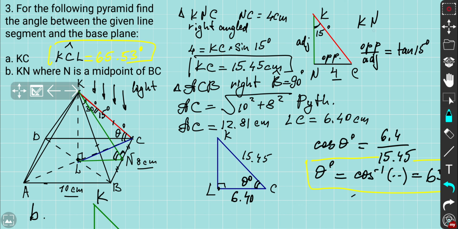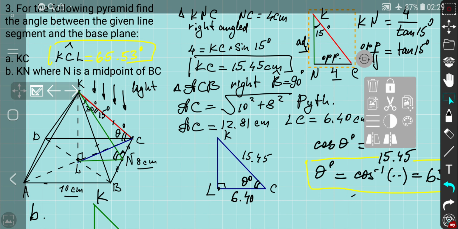So KN becomes adjacent, so how to find adjacent? You just need to swap with tangent 15. So that's why in this case it's going to be opposite over tangent 15. So opposite is 4 over tan 15. And we can easily find that for real quick.